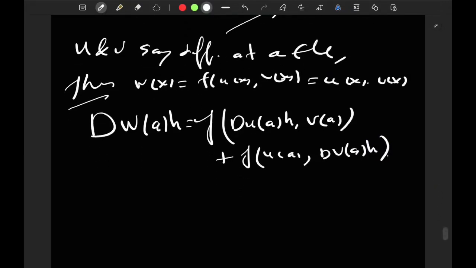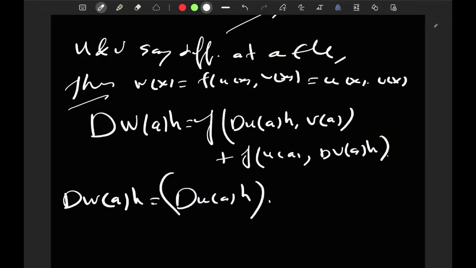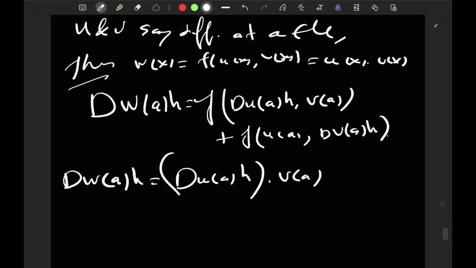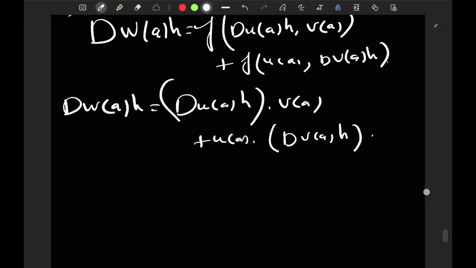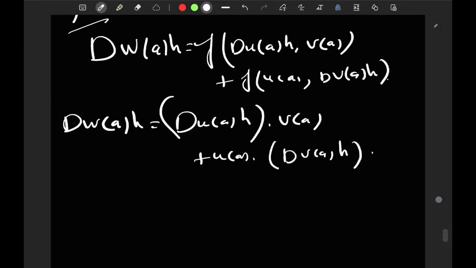Now f is just multiplication, right? So dw at a applied to h is just du at a h multiplied by v of a plus u of a multiplied by dv at a h, which is a closer form of the product rule.